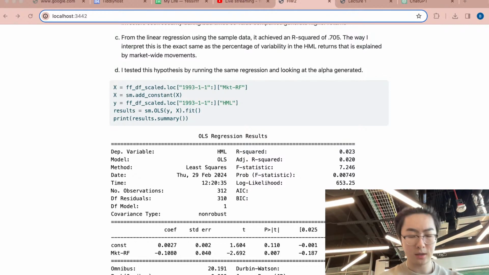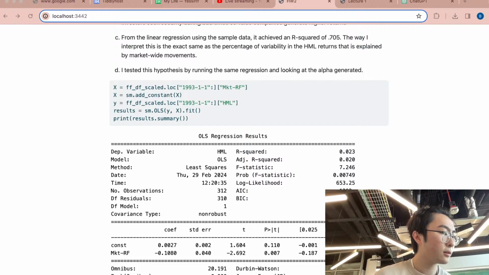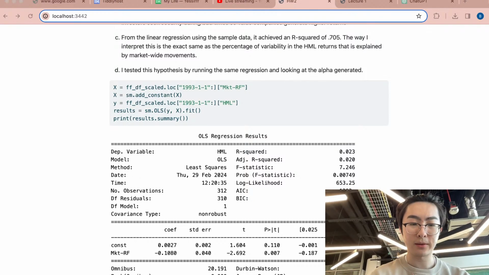I could maybe do DF scaled, and then we'll merge on the index, because both indexes should be the same.